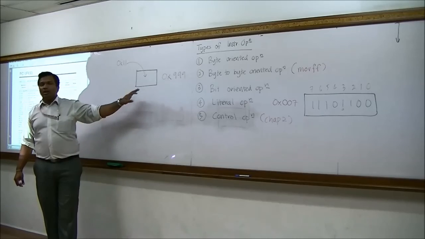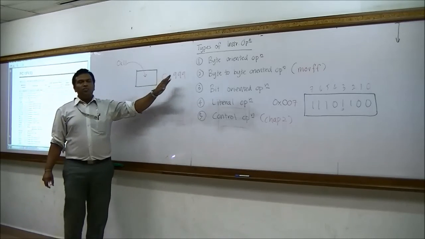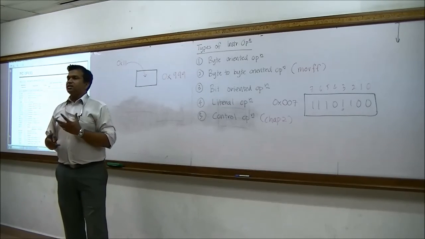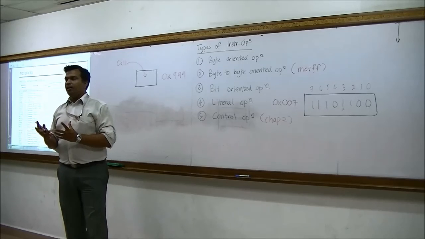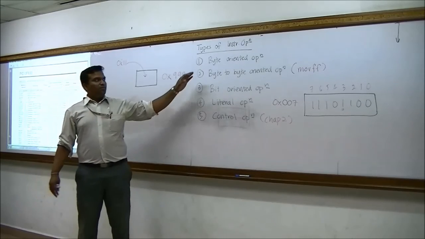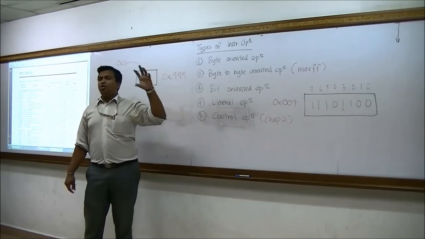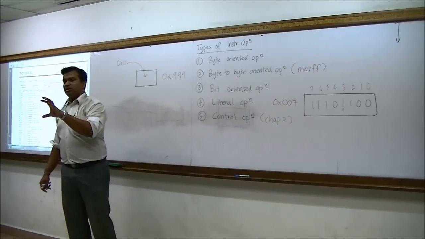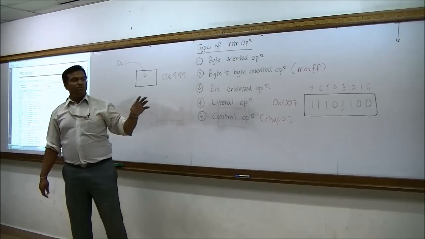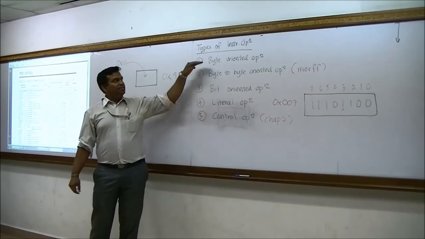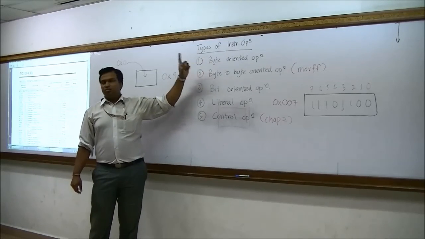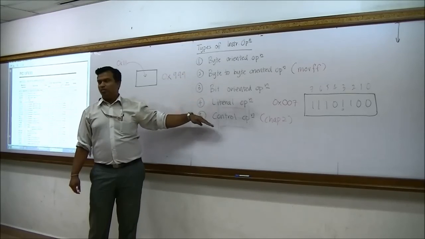So, just to wrap up, byte-oriented operation: any instruction that performs manipulation of the whole byte falls under byte-oriented operation. Any instruction that allows you to copy and paste to another location, byte to byte, and fortunately there's only one such instruction. Under this category there are many, under this there's only one, and under this there are many.